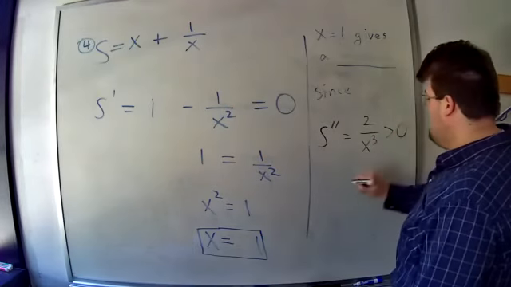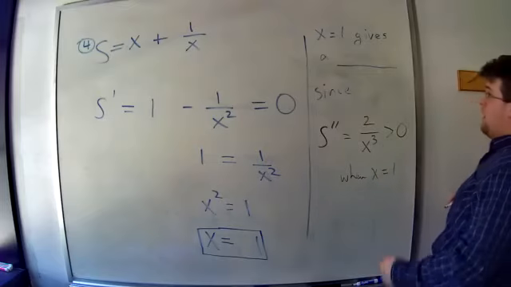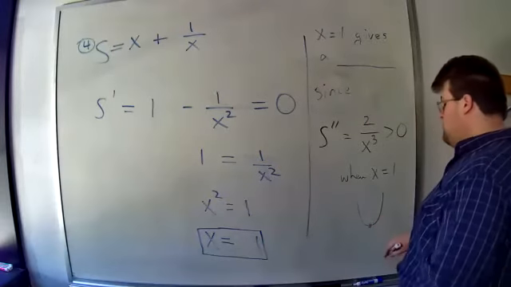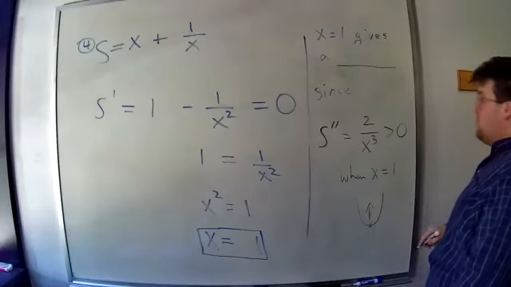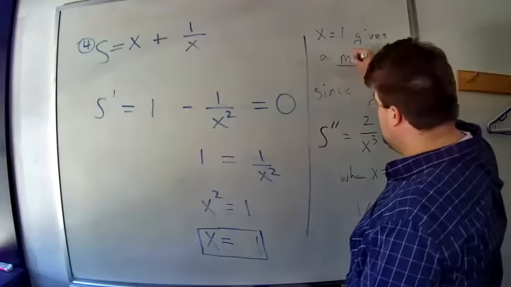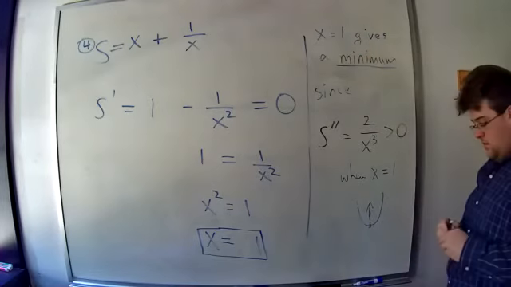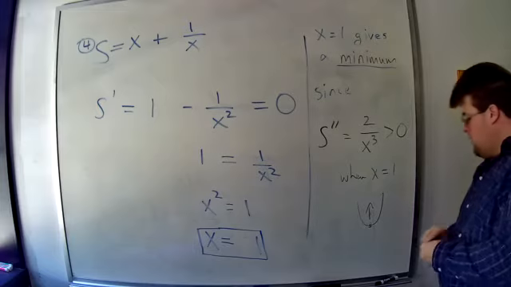And this is positive when x equals 1. It's positive, which means it's concave up, which means our critical point will be a minimum. So this does give a minimum. Any questions about that one?